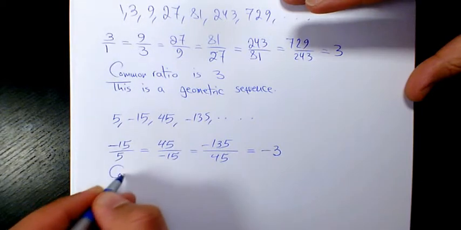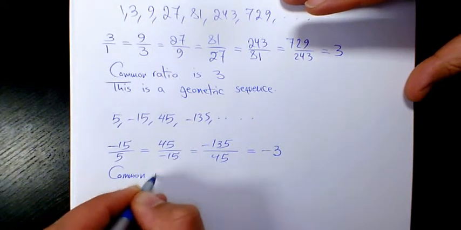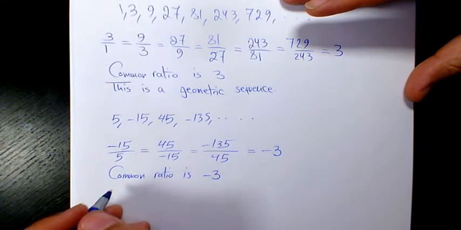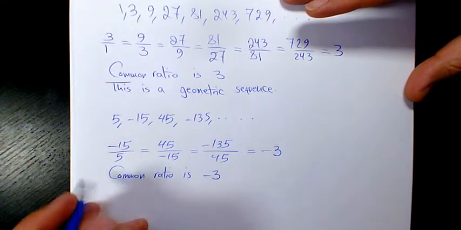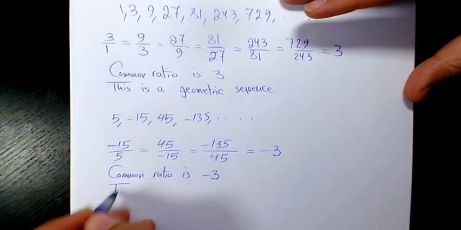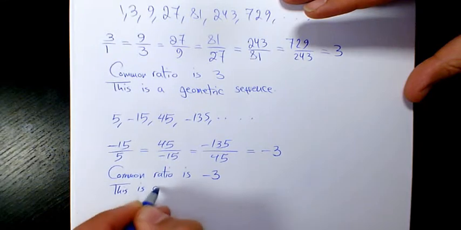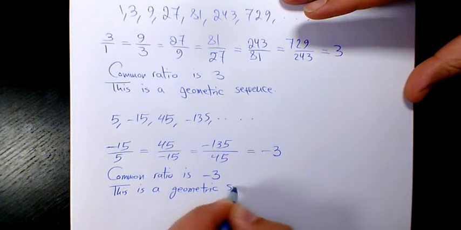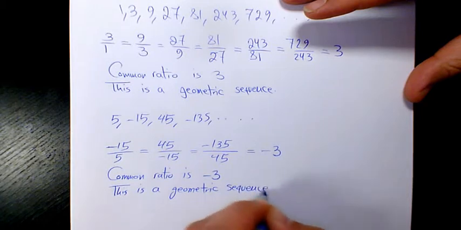So the common ratio is negative 3, and this is a geometric sequence.